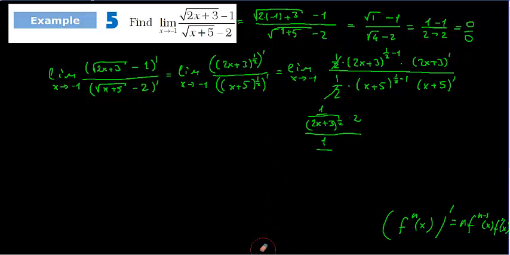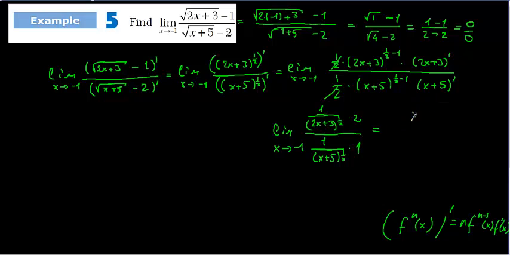And here, this one, I forgot to write the limit again, limit x tends to minus 1, 1 over x plus 5 to the power of 1 over 2. I'm writing the power positive because I'm sending it to the denominator. 1 over 2 minus 1 is going to be minus 1 over 2, and when we send the minus 1 over 2 to the denominator, it's going to be plus, times 1. The derivative of x plus 5 is equal to 1, since the derivative of 5 is 0.